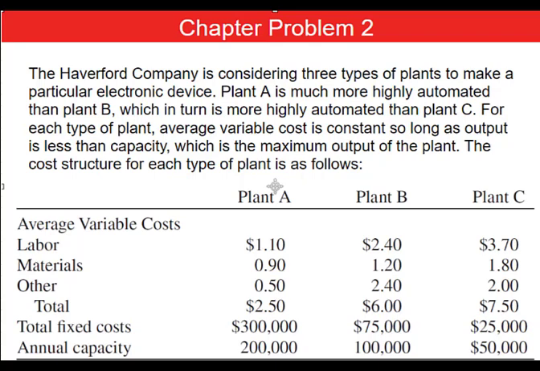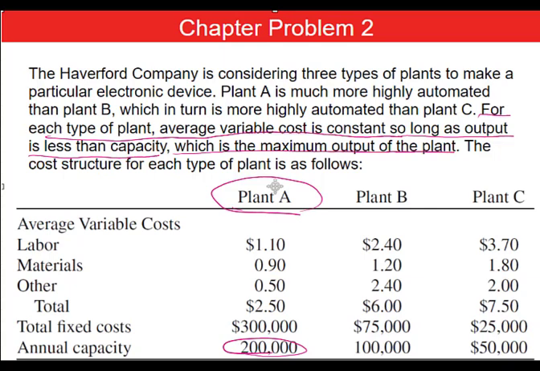So important information is, for each type of plant, average variable cost is constant so long as output is less than capacity, which is the maximum output of the plant. So if you look at plant A, the annual capacity for production is 200,000 units of output.